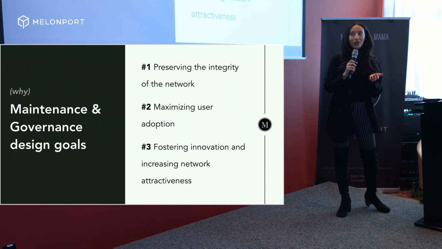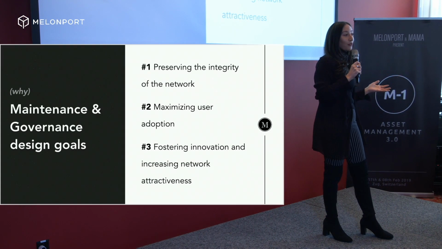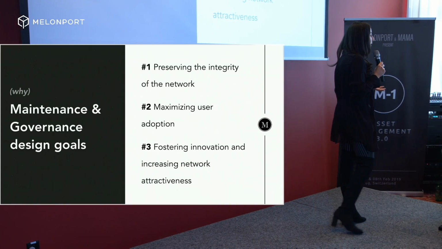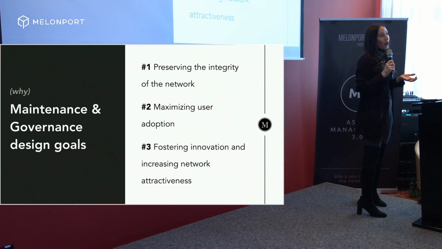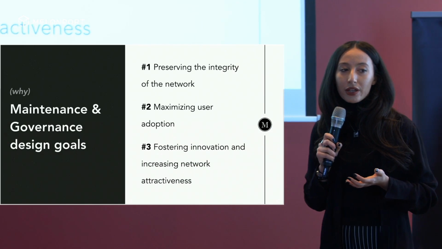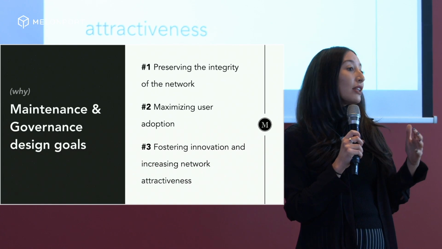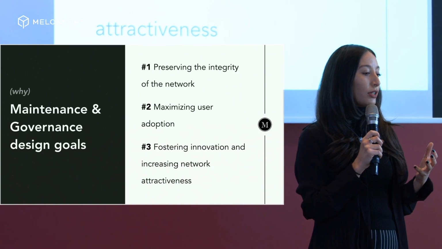When we started working on governance, none of us had worked on governance before, so it was quite new. We really started by asking the question: what is the goal of this? What are we trying to do? And we tried to identify 3 main goals that our model should support.